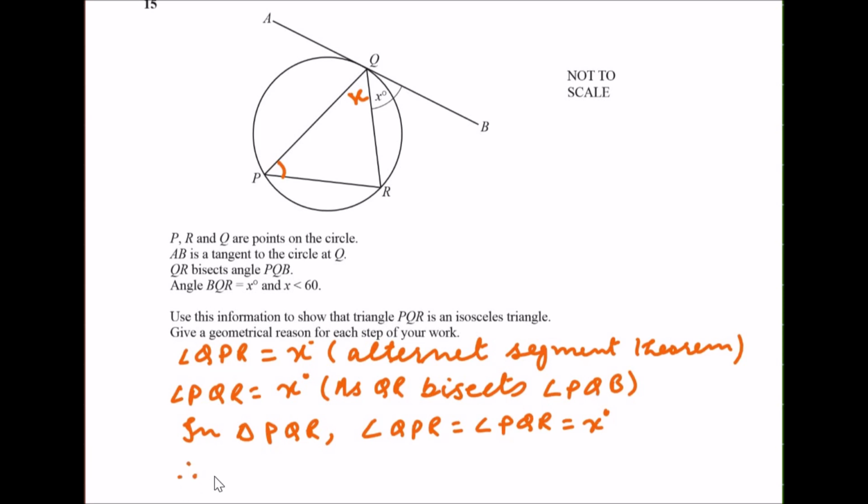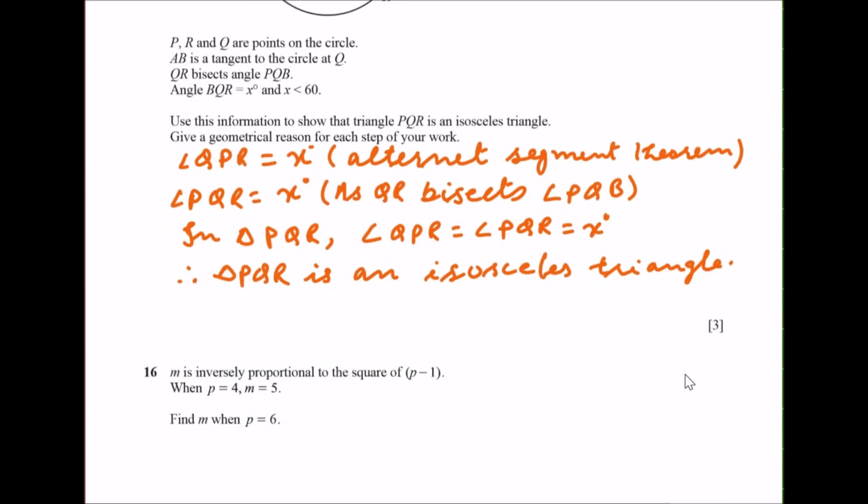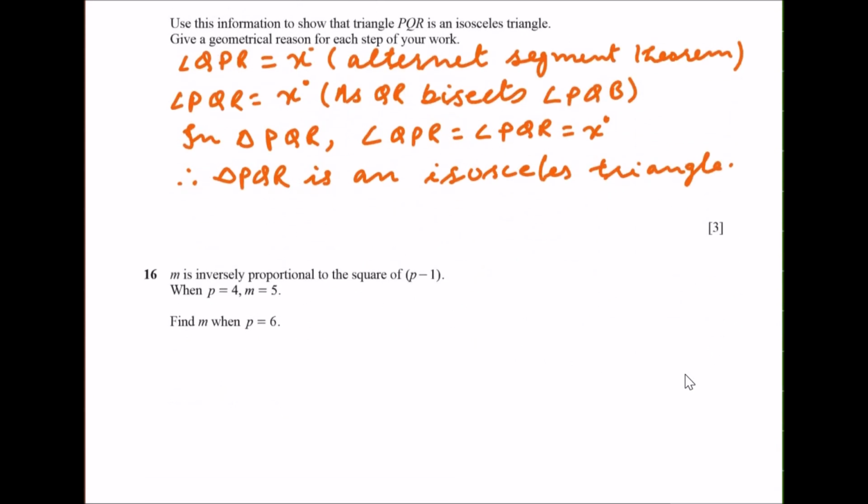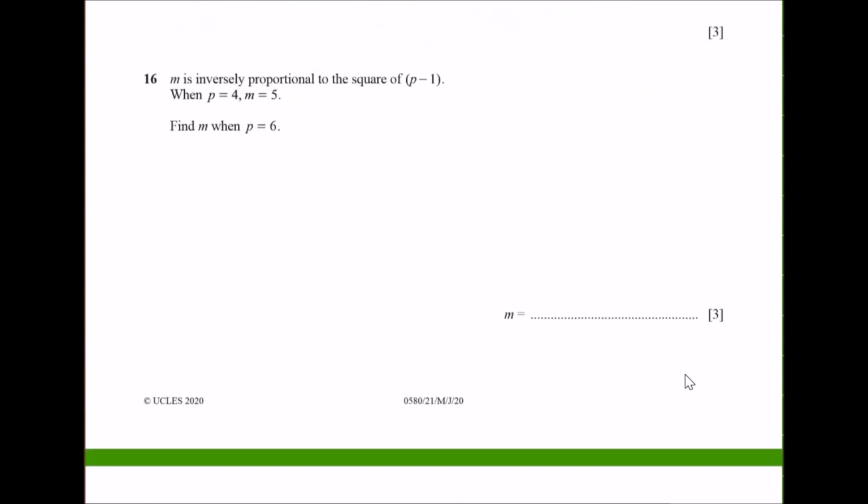Therefore, triangle PQR is an isosceles triangle. Okay. We have proved this. We'll get 3 marks for this.